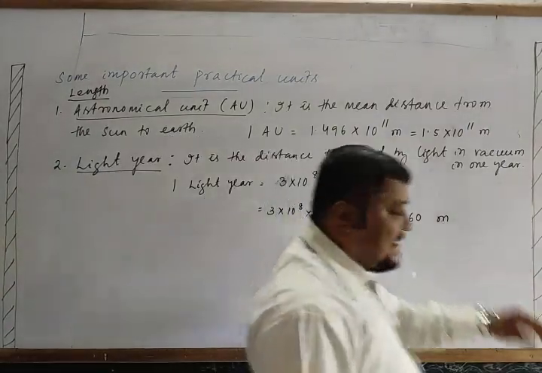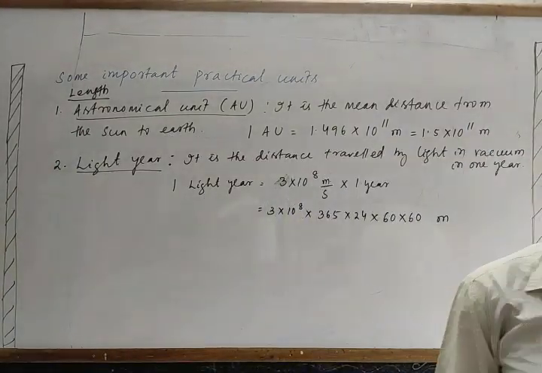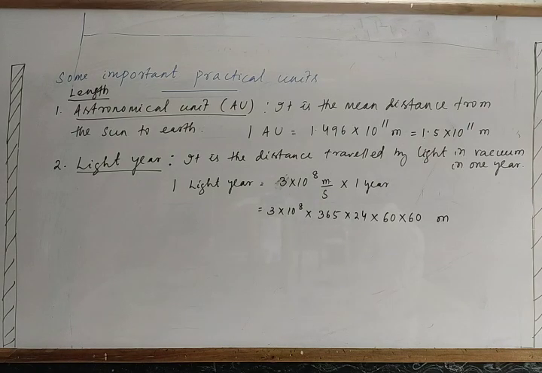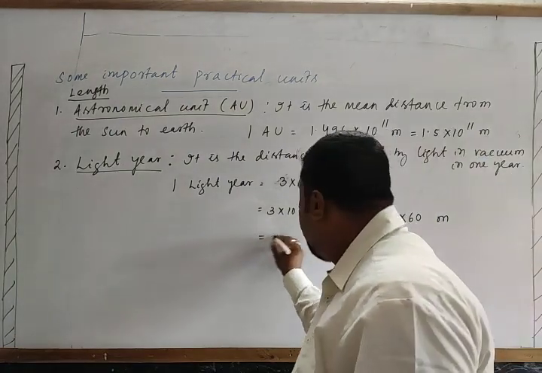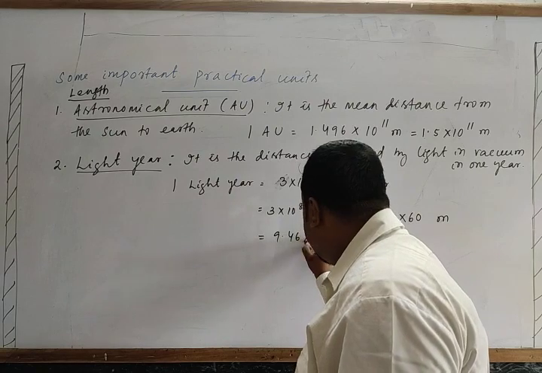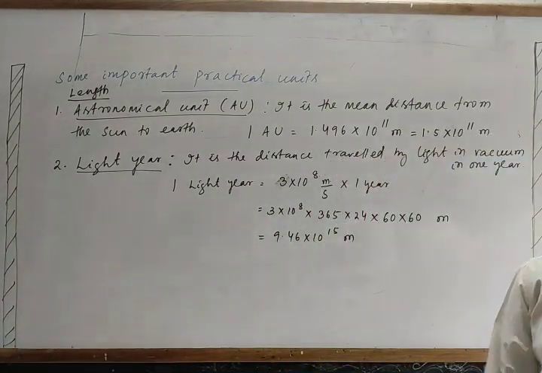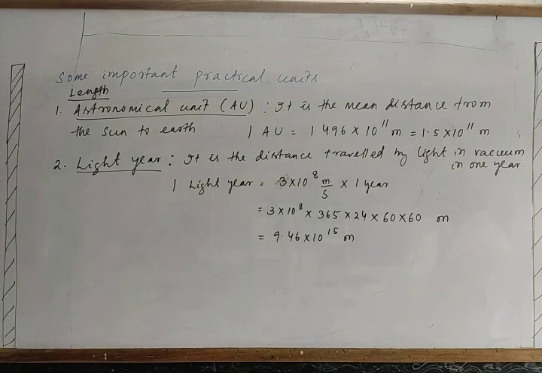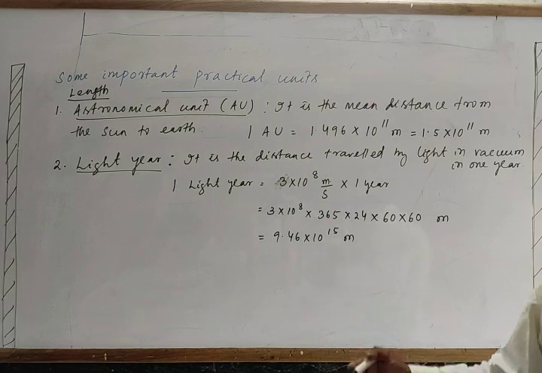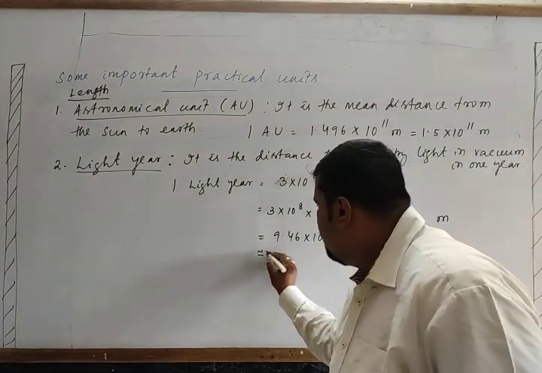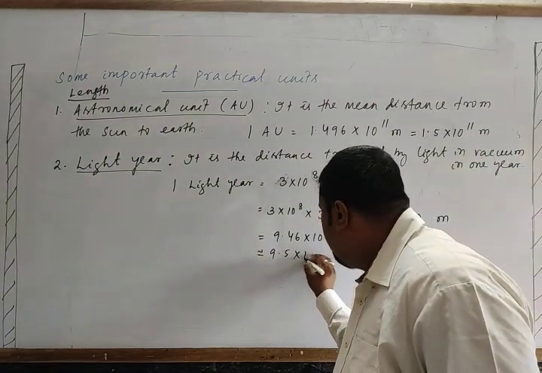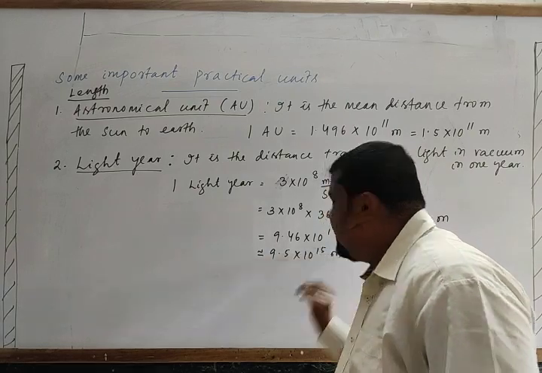If you multiply that, you will get 9.46 into 10 to the power 15 meter. Clear? Or you can write this as nearly 9.5 into 10 to the power 15 meter.